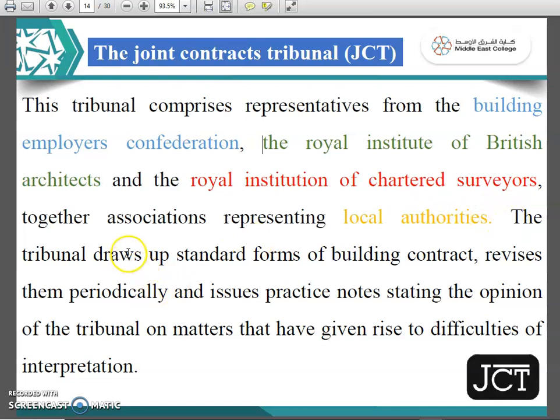The tribunal draws up standard forms of building contract, revises them periodically, and issues practice notes stating the opinion of the tribunal on matters that have given rise to difficulties of interpretation. So in this type of contract, if there are any difficulties being faced or any clarity required on any clause, they will be regularly updated according to the scenarios or the changes happening.